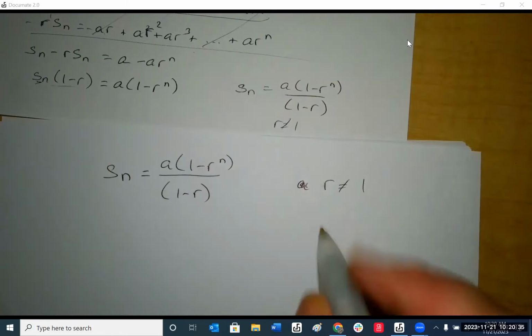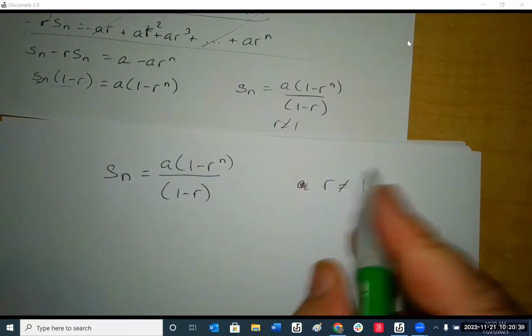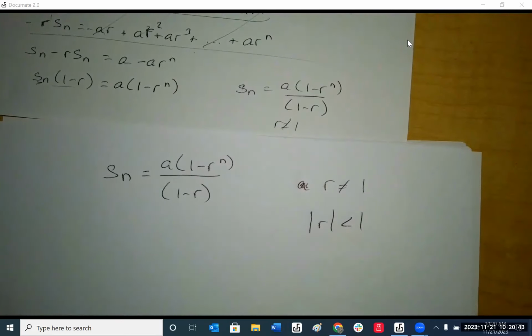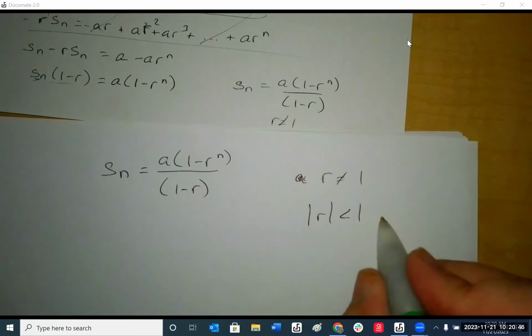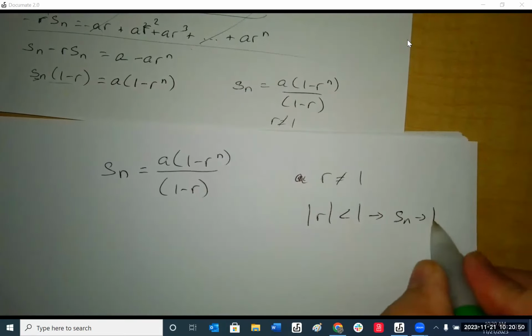So now, R can be positive or negative, so we'll look at the absolute value of R. If it's less than 1, if it's a fraction, then S of n converges to a number.